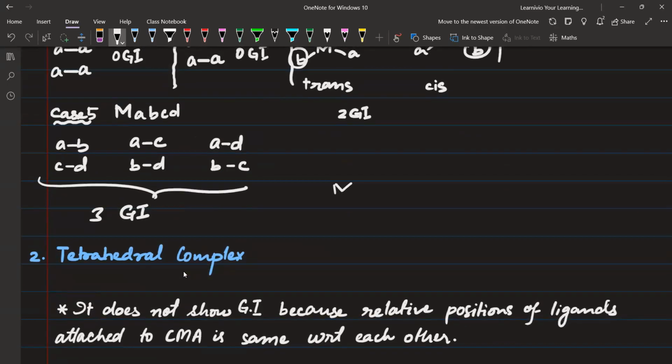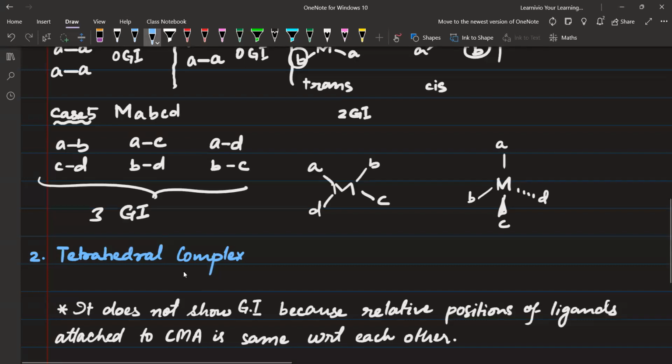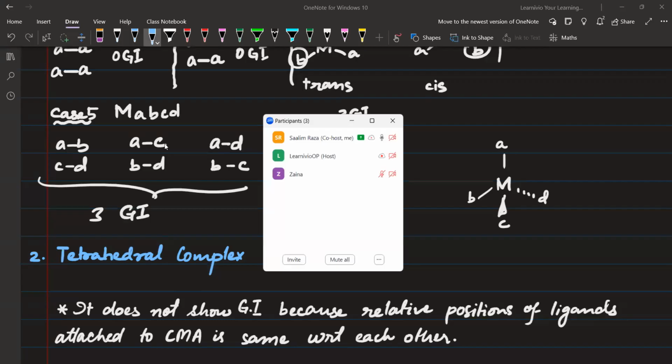For example, if I have A, B, C, D, and in tetrahedral I will be having M, A, B, C, and D. Now I will talk about the position of A with respect to B, with respect to D, and with respect to C. And I will not be talking in terms of distance, I will be talking in terms of angles.